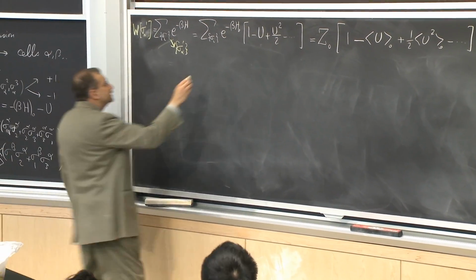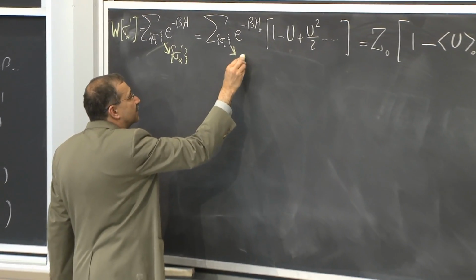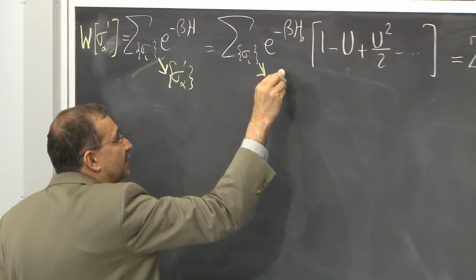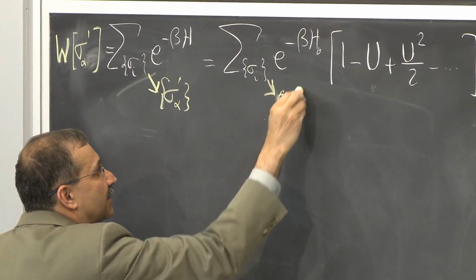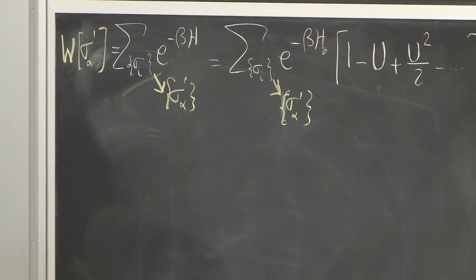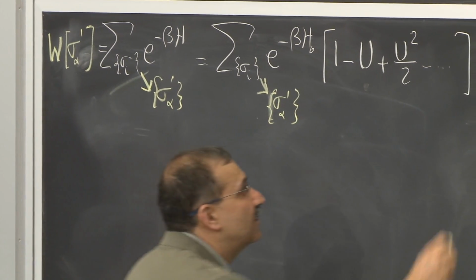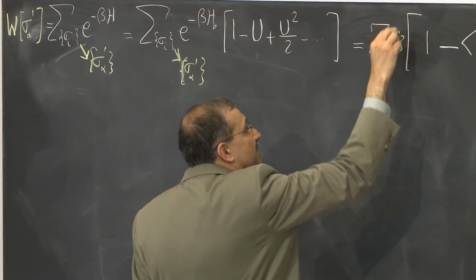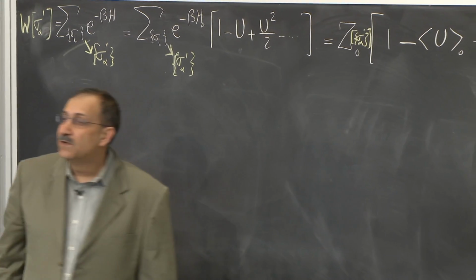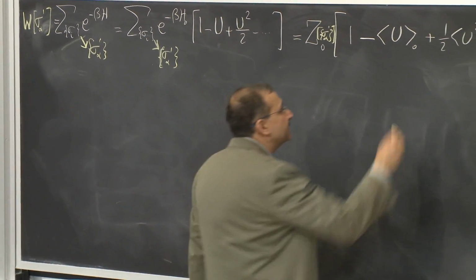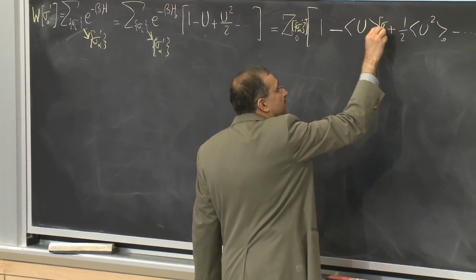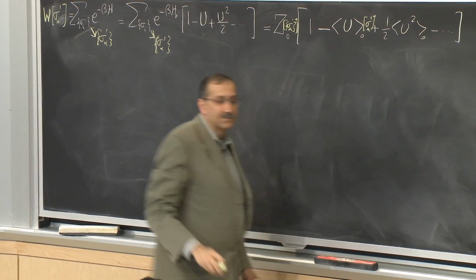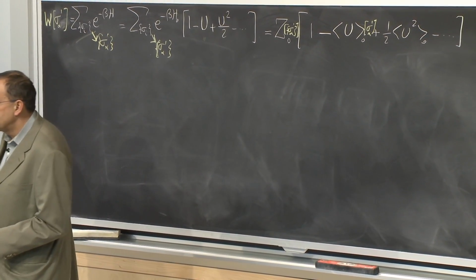So then I have the same thing over here. And then in principle, all of these quantities will become a function of the choice of my configuration, and so forth. Okay?